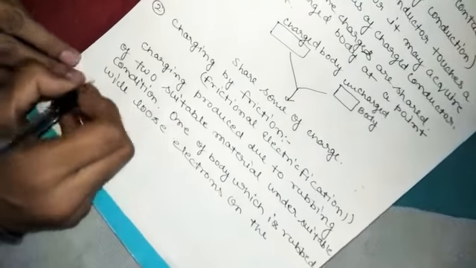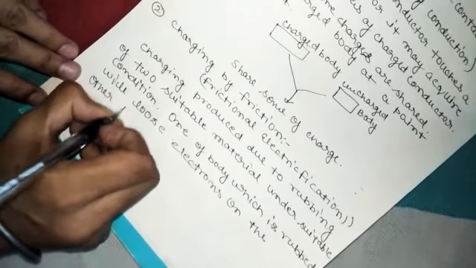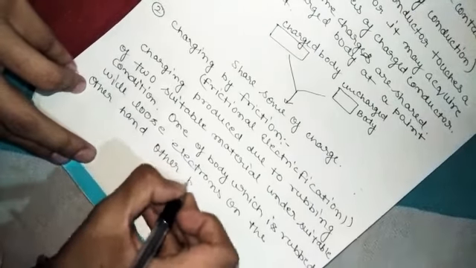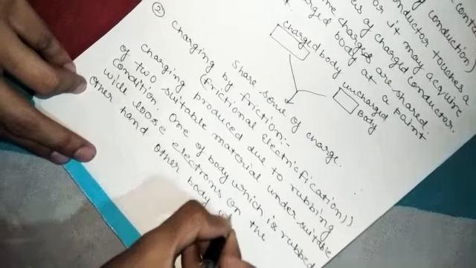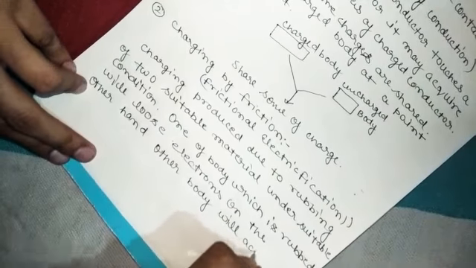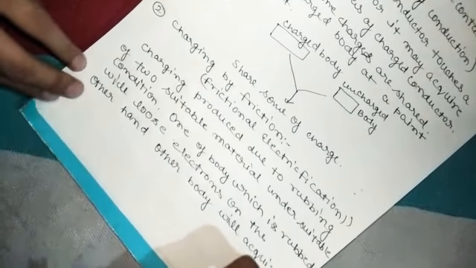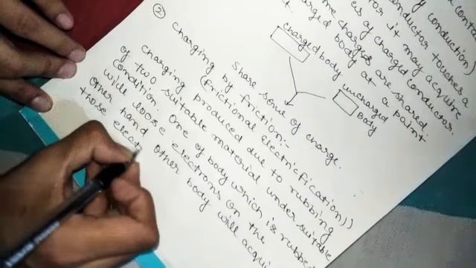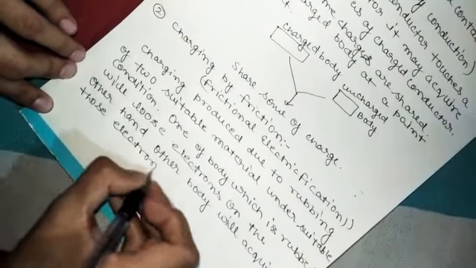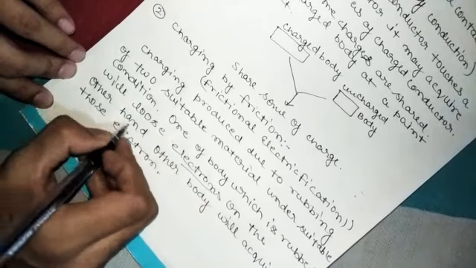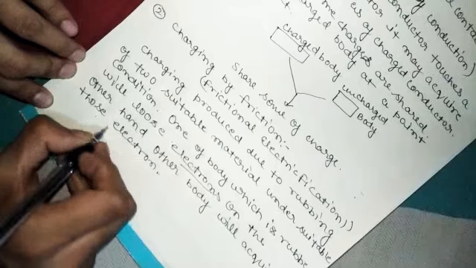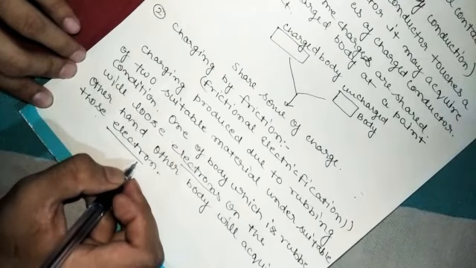On the other hand, the other body will acquire those electrons. The body which loses electrons becomes positively charged, and the body which acquires the electrons becomes negatively charged.